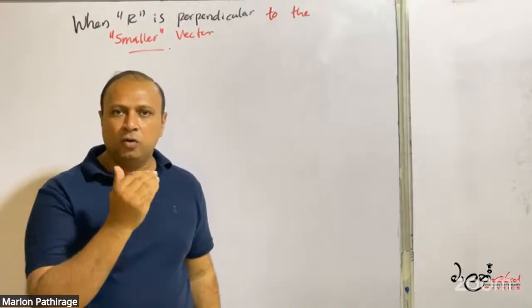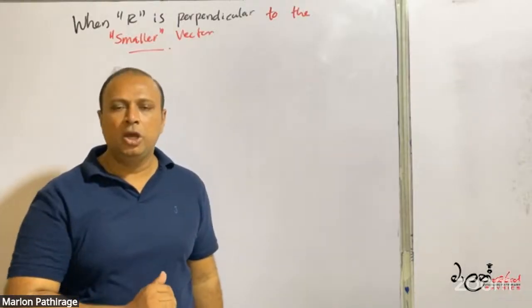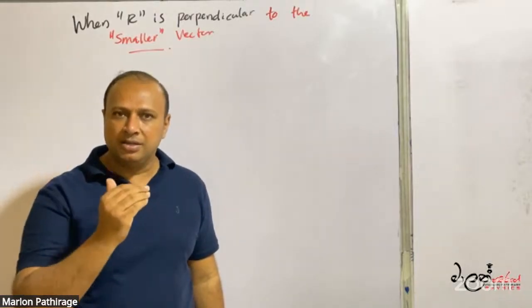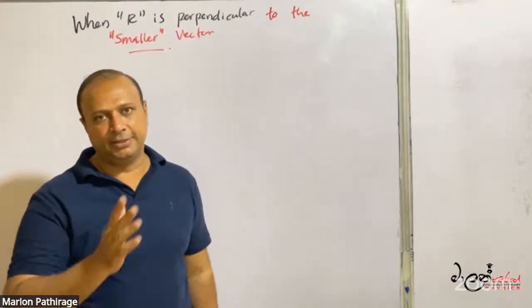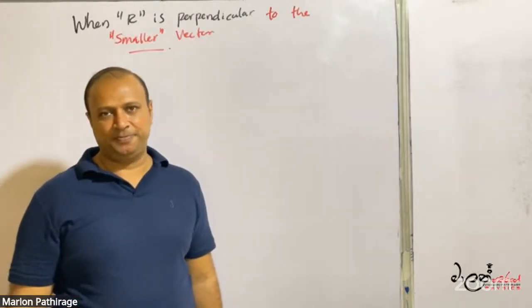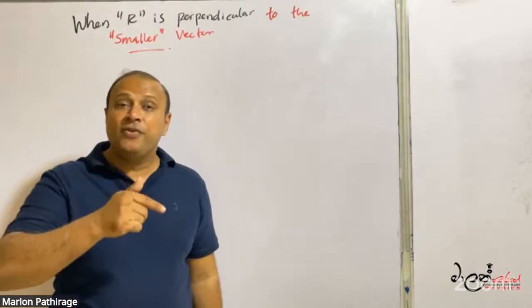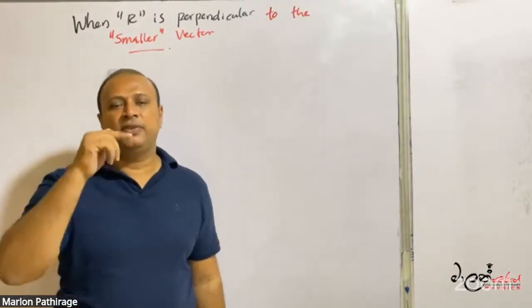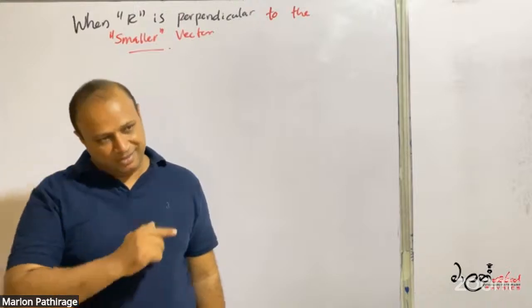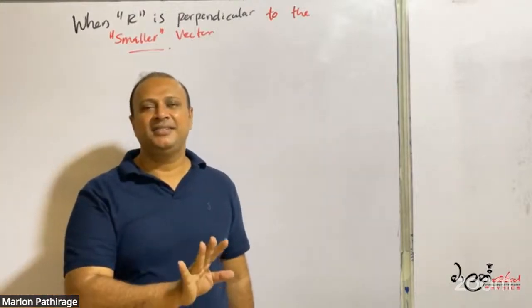Therefore, when you are calculating the resultant vector, you have to construct a parallelogram. If you can understand the properties of that parallelogram, it will be very easy to solve the question.